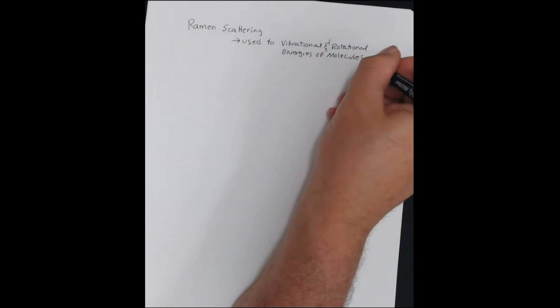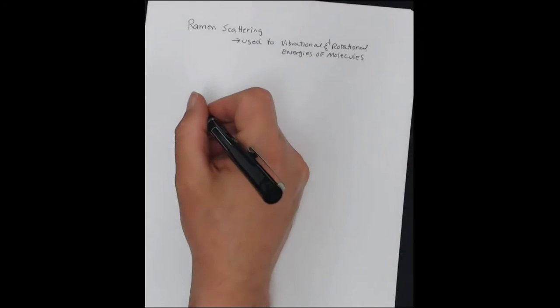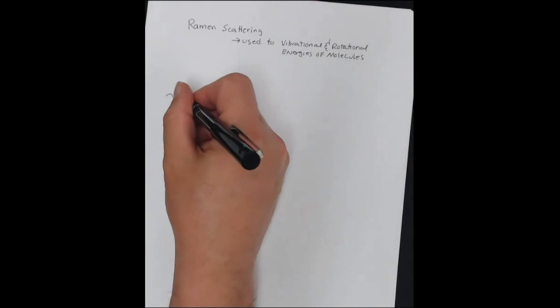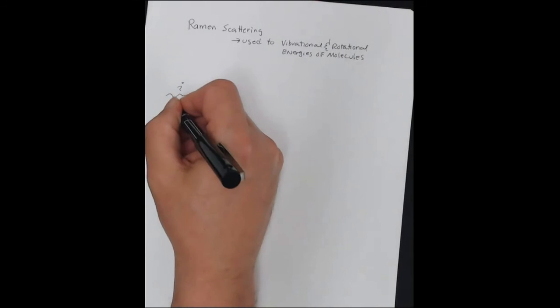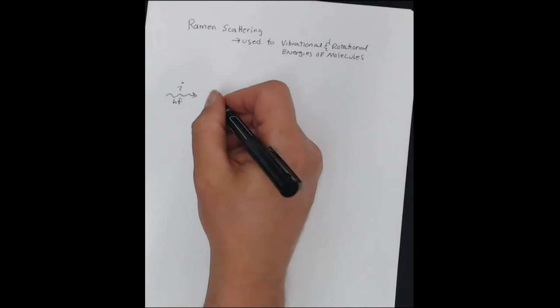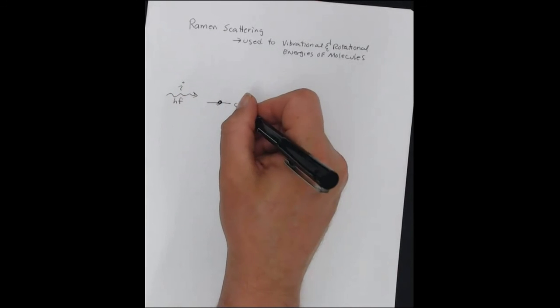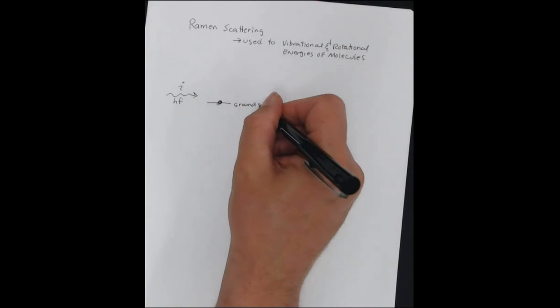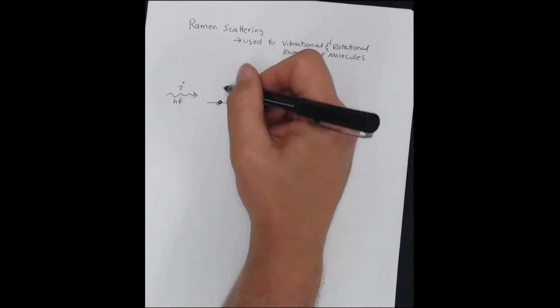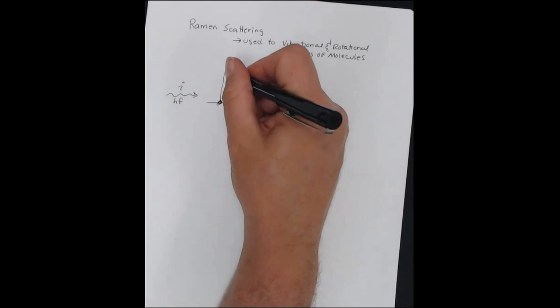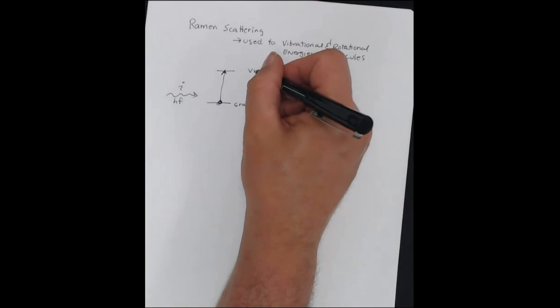When we do that, we use a monochromatic light. We use laser light as our incident light source. So what happens here is you have your incident photon with a certain energy coming in. Your electron is here in your ground state. The photon shakes up the electron, allows it to make a transition up to this virtual state.